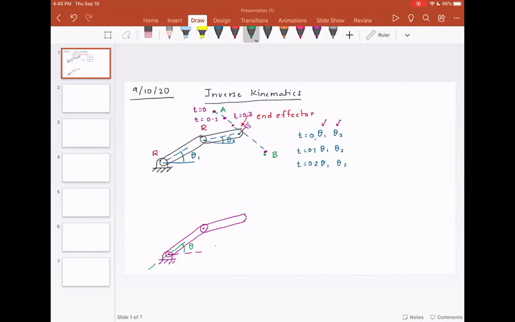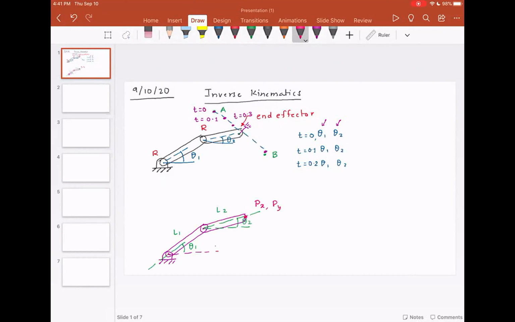This is theta 1, and I have this another robot arm. This is link 1, I'm going to call this link 1, link 2, and this angle is theta 2. And this is the end effector position, which is Px and Py.